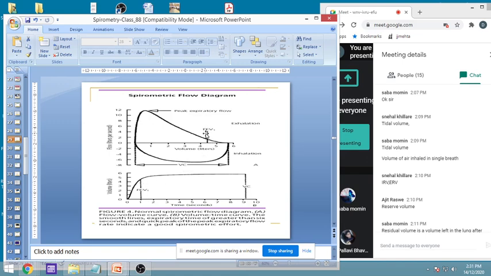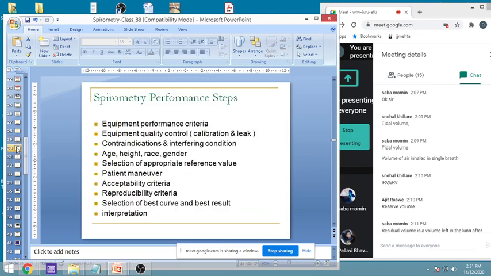Here also we are getting FEV1 in the graph. This is the peak expiratory flow, and we have seen that it is almost 80% of the total volume. Okay. So this is FEV1, here also we have got it, and on that basis we are measuring it. Will not go into these details.